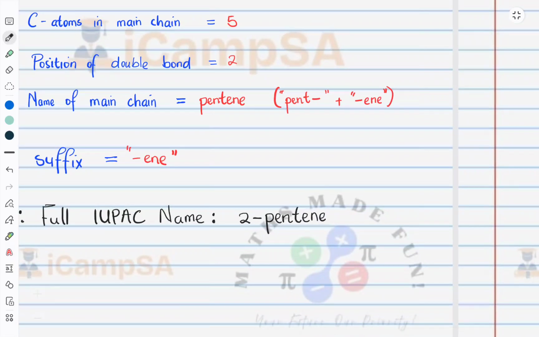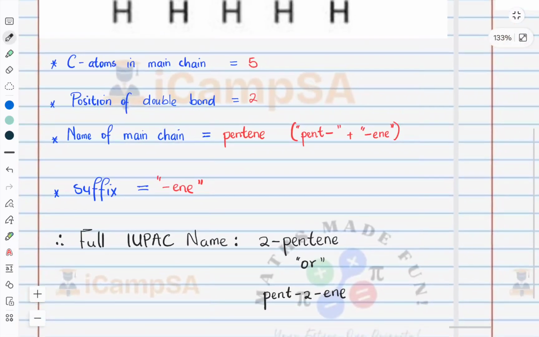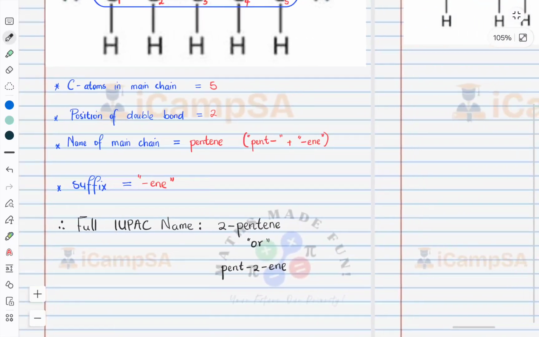So if you go to other textbooks, you'll find them doing something like pent-2-ene, right? So that 2 between the stem and the suffix tells us the location of the double bond.